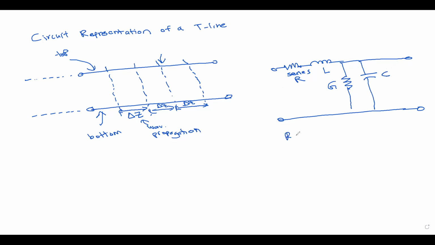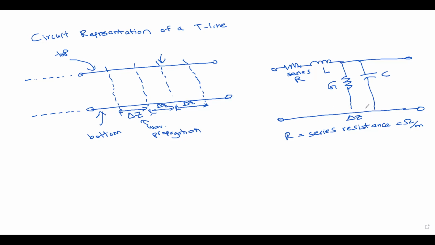So R in here is the series resistance, denoted using ohms, and this R is the resistance per unit length.